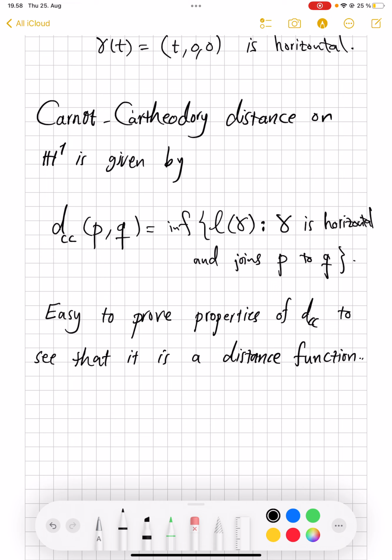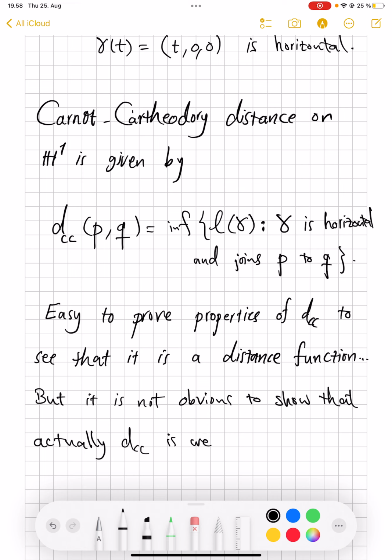All of that is good, but it is not easy to show that d_CC is actually well defined.